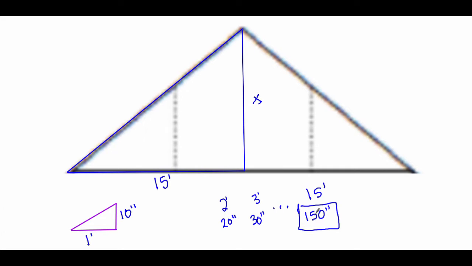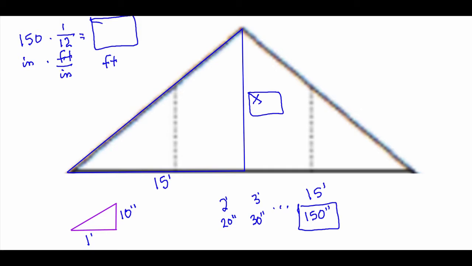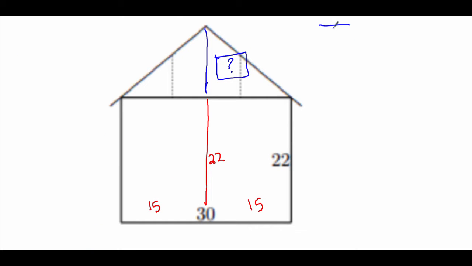Well, let's convert that to feet, just to be on the safe side. 150 inches. If I multiply that by feet per inch, well, I don't know what feet per inch is, but I know what inches per foot is. So I'll write it 12 on the bottom and 1 on the top, using my units to solve this. And I get whatever this x is. Now, how high can it be?